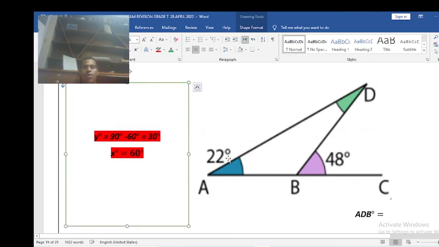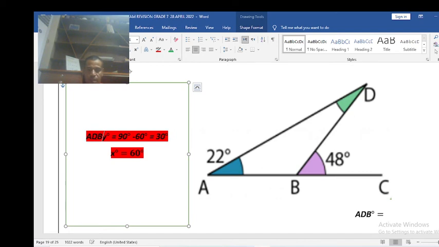So now you can see this is an exterior angle. The exterior angle is equal to the sum of the interior angles opposite to it. So I will just make angle ADB. Angle ADB is equal to what?